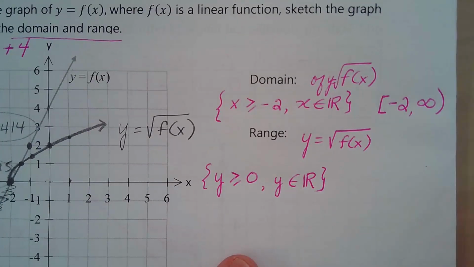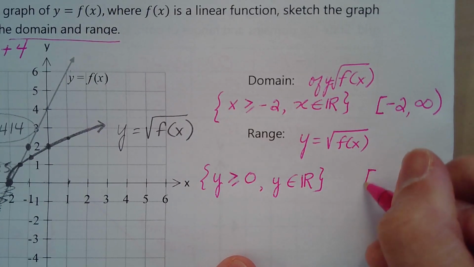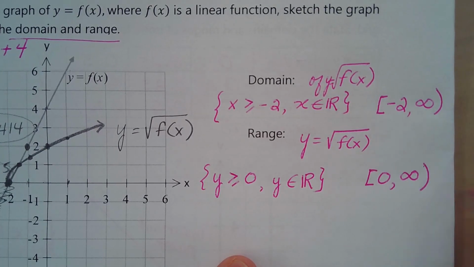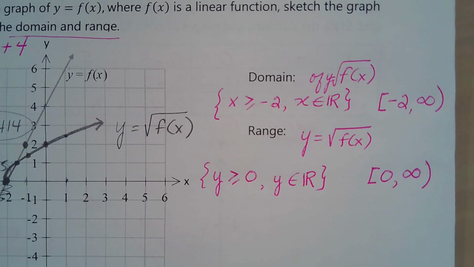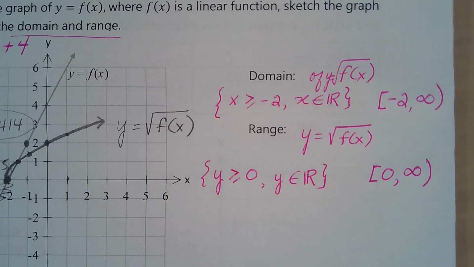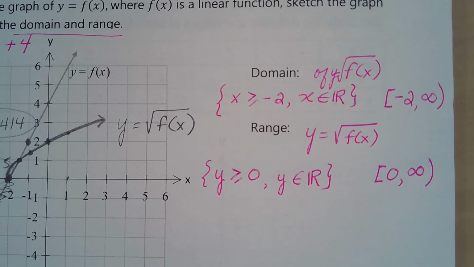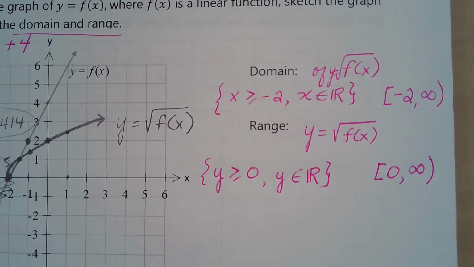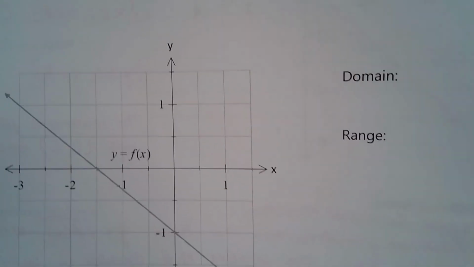Or the other way would be 0, including 0, so square brackets, comma, positive infinity. Is that okay? So far, so good? That's just the first example. Take a look at example B.